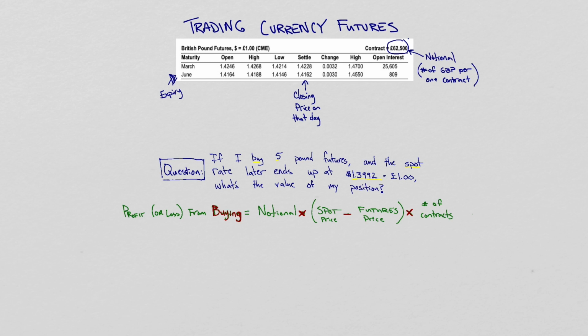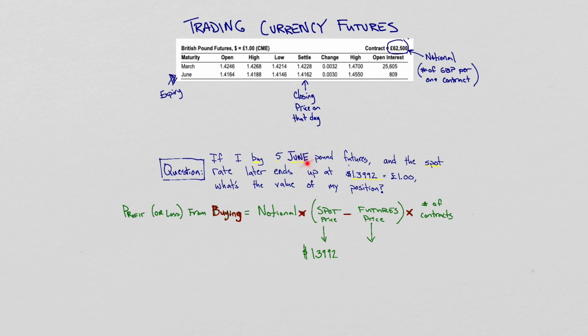It looks like the spot price here was $1.392 to the British pound. The futures price, well, it looks like we didn't specify that. We either have the June or the March contract, so that's going to affect what settle price we're looking at. So let's go ahead and pick the June contract.